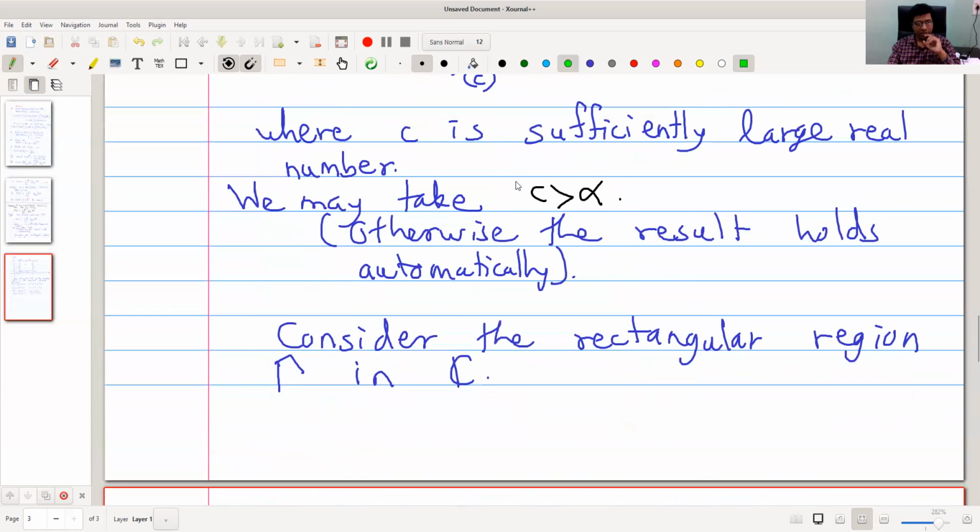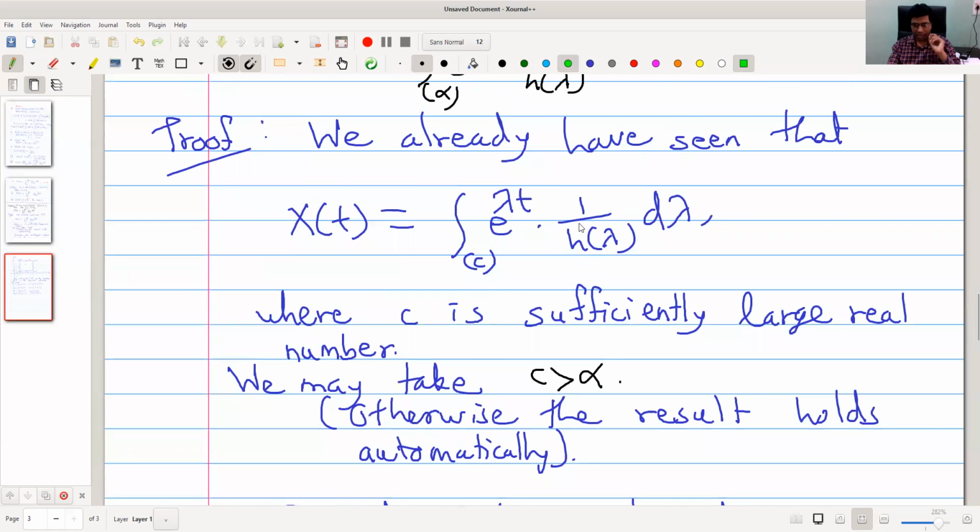So this is a purposefully selected rectangle. We have h of lambda in the denominator, so the denominator will not be 0.